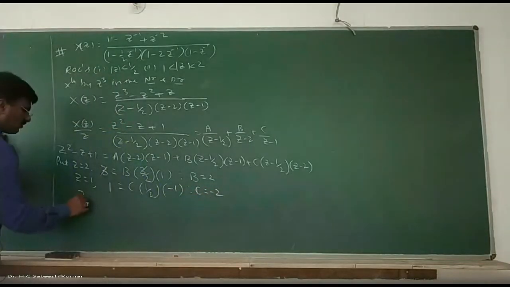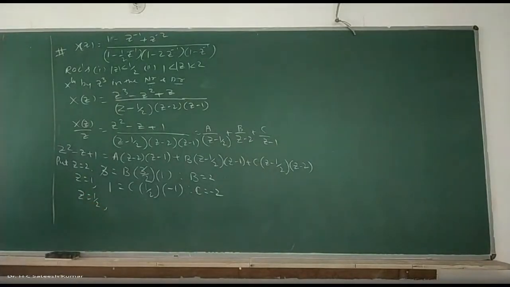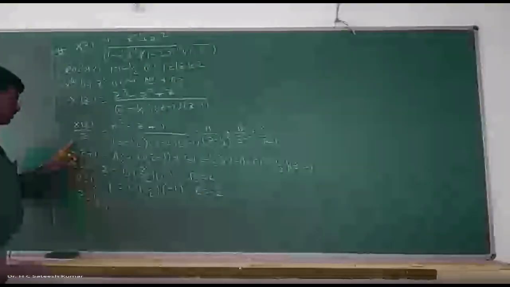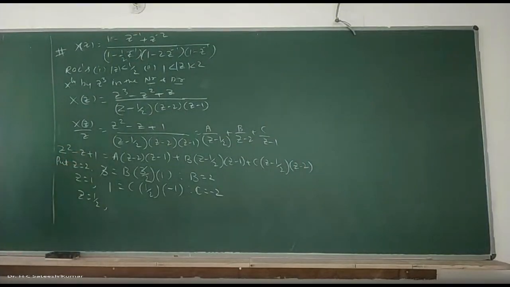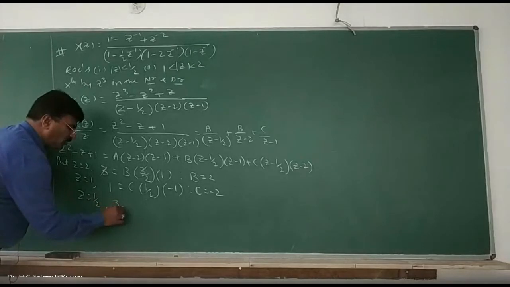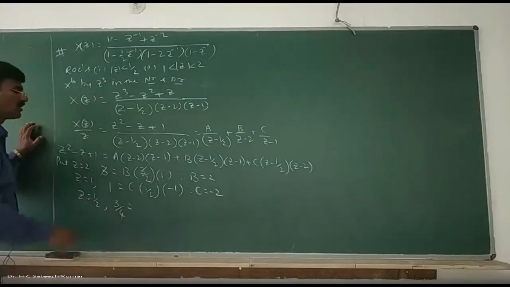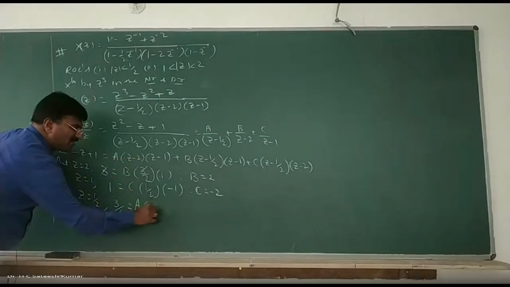Put z is equal to half. Half square is 1 by 4. 1 by 4 minus half means minus 1 by 4. Minus 1 by 4 plus 1 is 3 by 4. 3 by 4 is equal to, okay, first one is a into half minus 2 is minus 3 by 2.